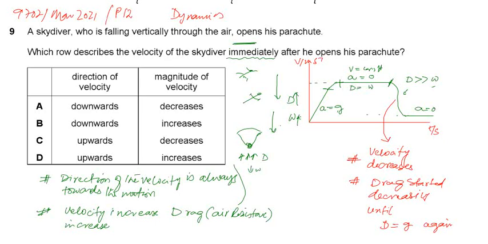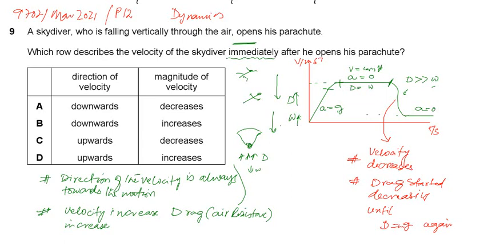The body is still moving downward; there is no change in the direction of motion. As the velocity decreases, the drag also decreases until it again equals the weight. At that time acceleration becomes zero, and again the body reaches its terminal velocity, which is basically his landing velocity.